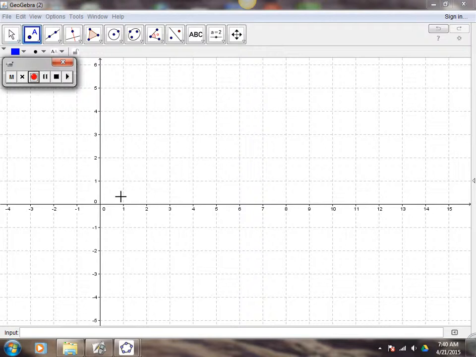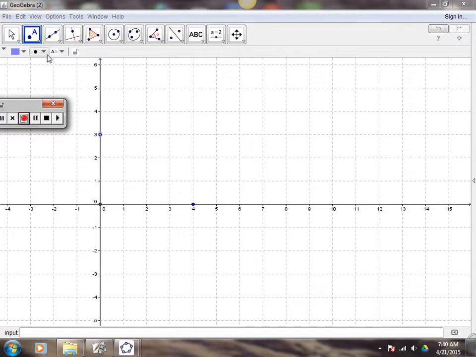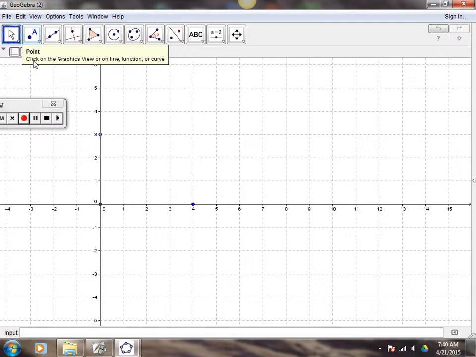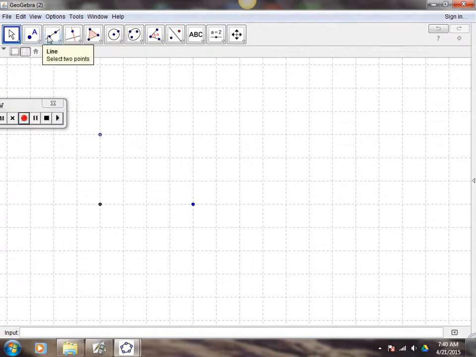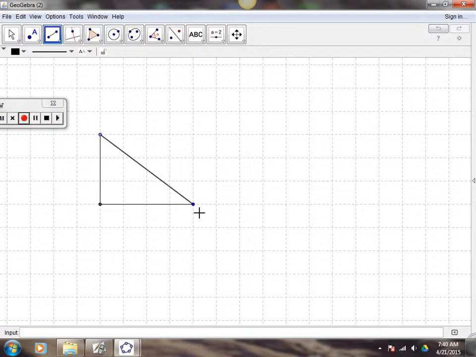So I'm going to put a dot on 0, 0, on 4, 0, and then on 0, 3. Okay, now let me get rid of these. Okay, so now I'm going to connect the dots. So if I go here to here, here to here, and here to here.